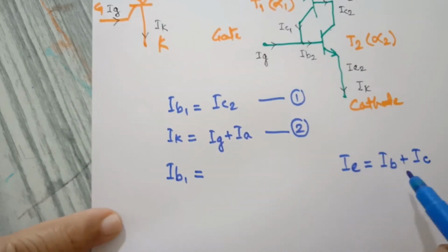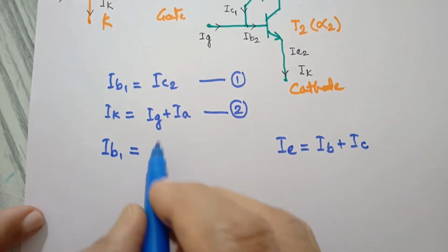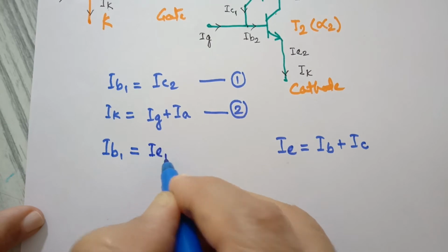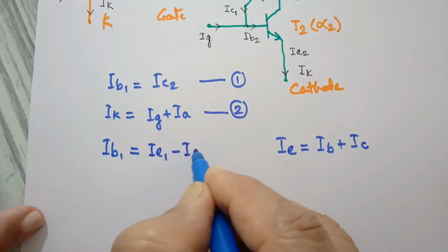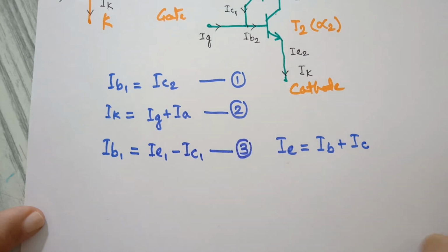So using this for transistor 1, I can express IB1 as IE1 minus IC1. Let us call this expression 3.